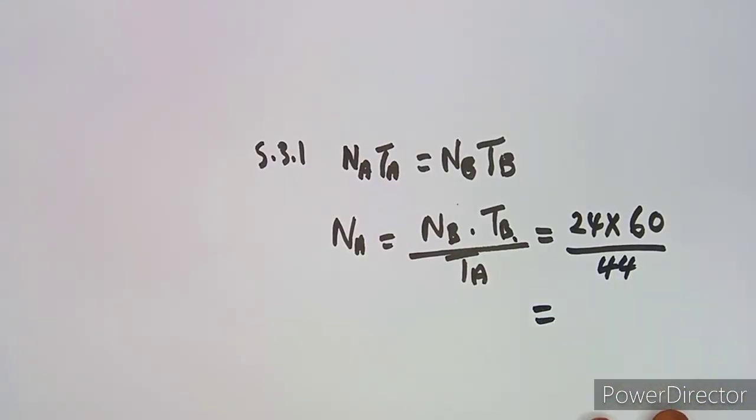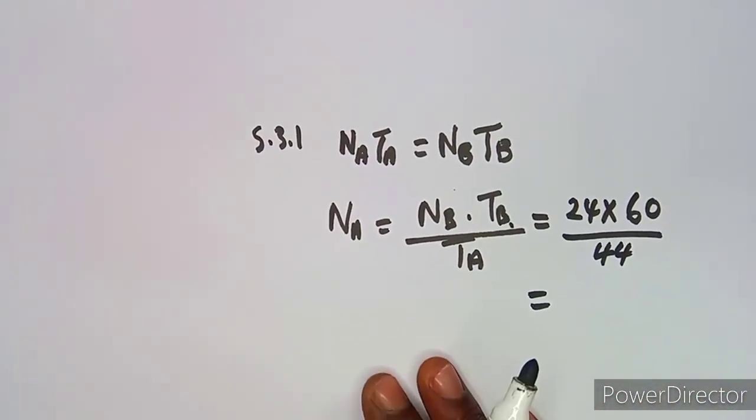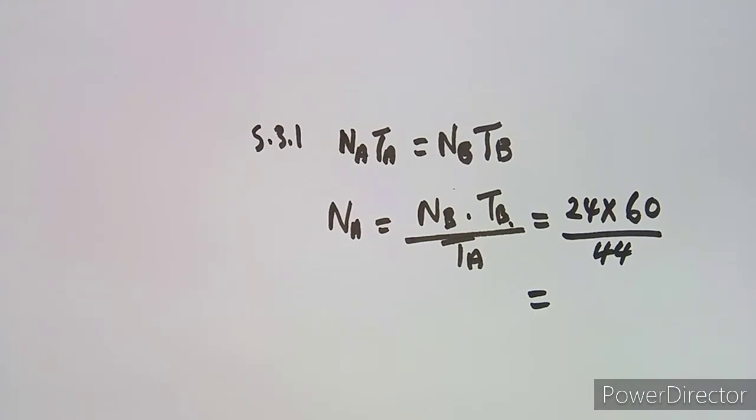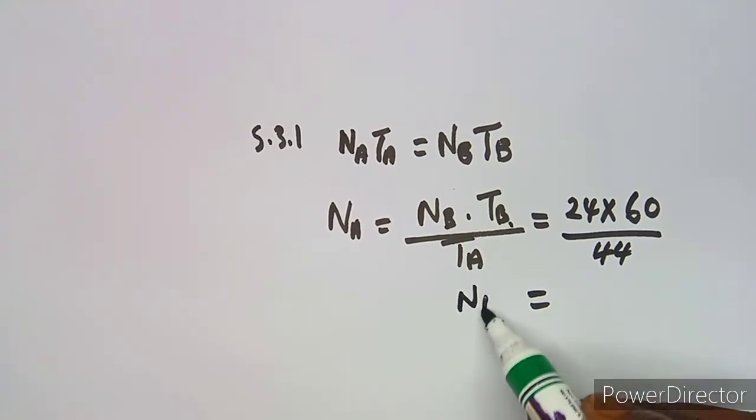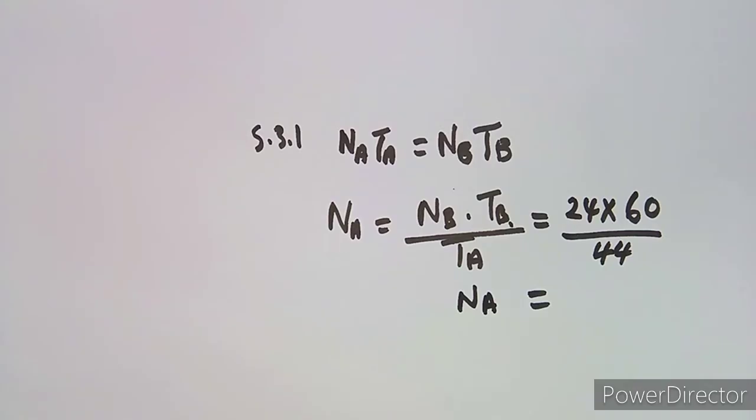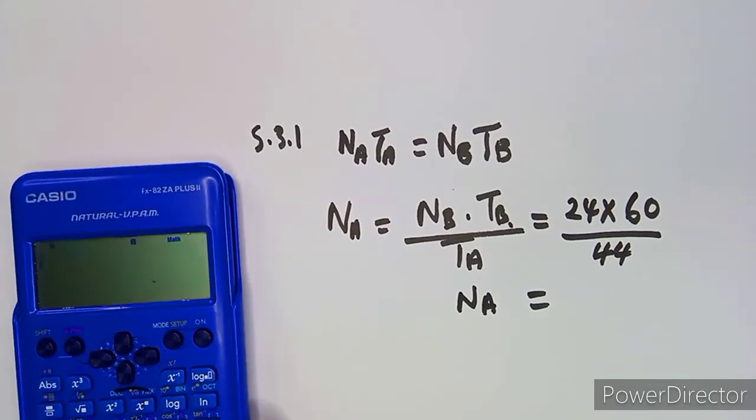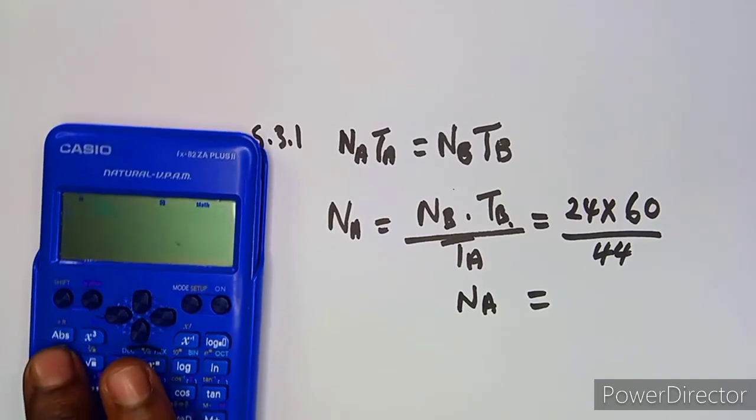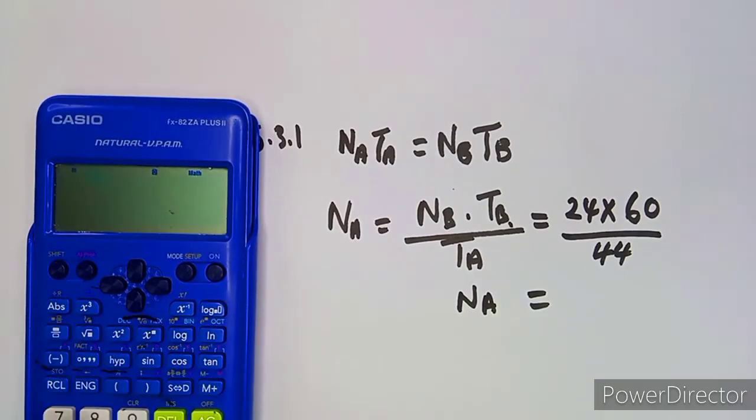All right, if you work this out properly, guys, it's a matter of using the calculator properly. You are going to have your NA. You put a fraction, actually, that's what you're going to do. You just put a fraction like this, guys, then you multiply 24 by 60, then you divide by 44.